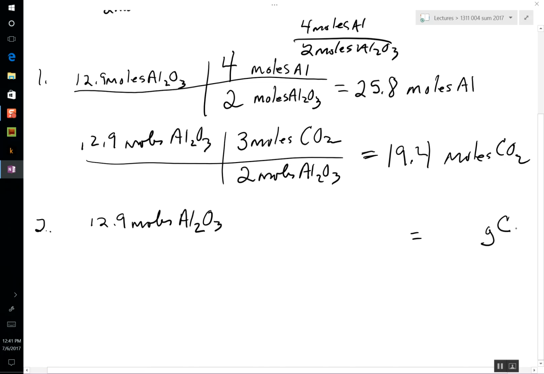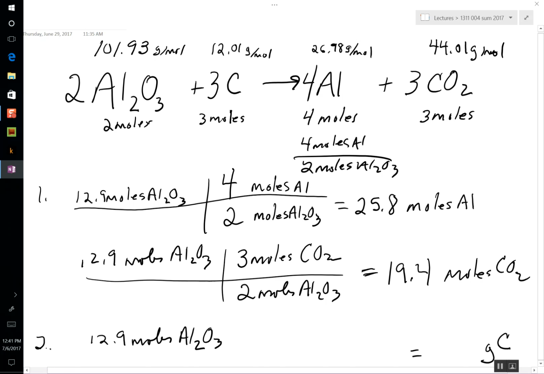Now, there's going to be a strategy here. We're going to go from moles of aluminum oxide to moles of carbon to grams of carbon. That's the path we're going to go through, because the equation is not a gram to gram ratio, it's a mole to mole ratio, telling us the relationship mole to mole.